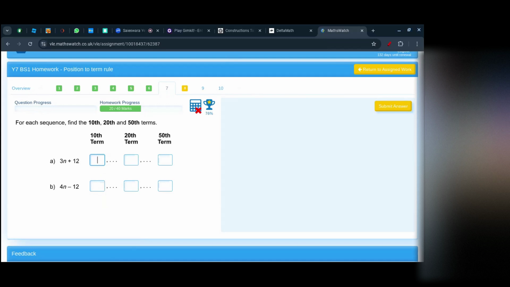It's 30 plus 12, which is 42. Correct. 60 plus 12, which is 72. 162. Great. Whatever, 14 minus 12 equals 28.